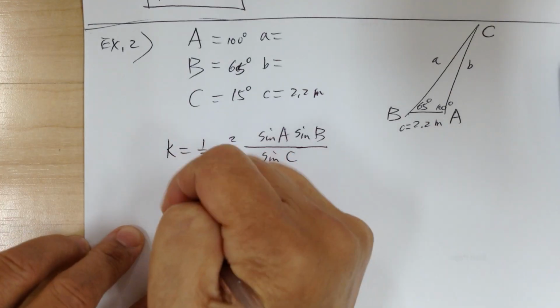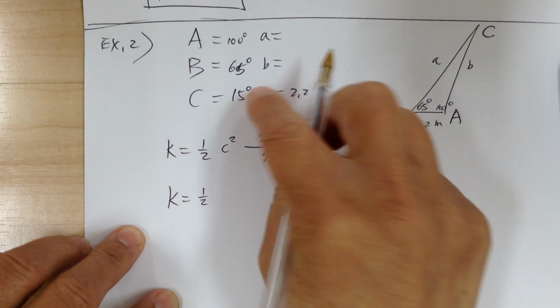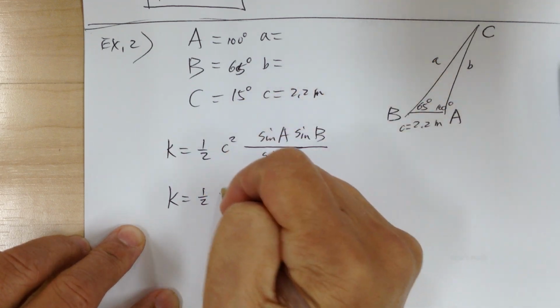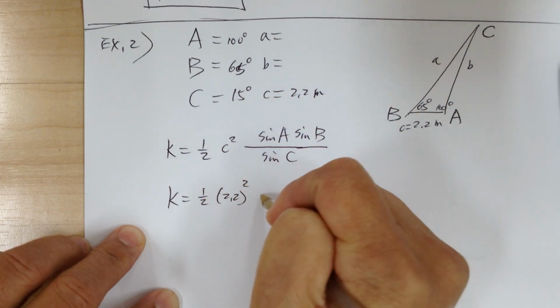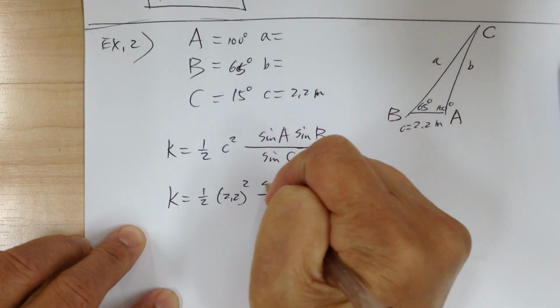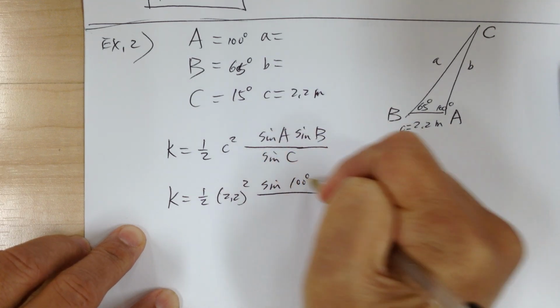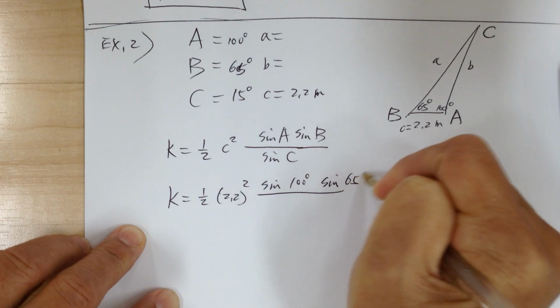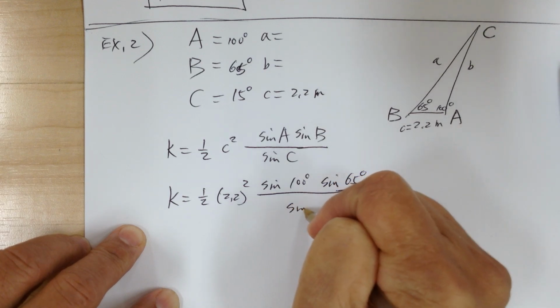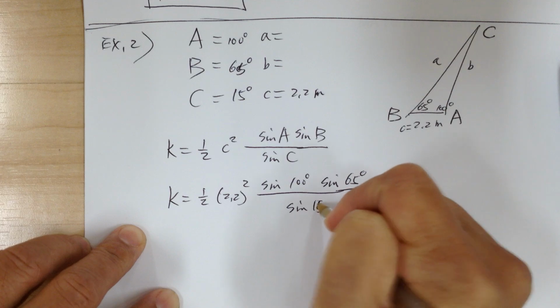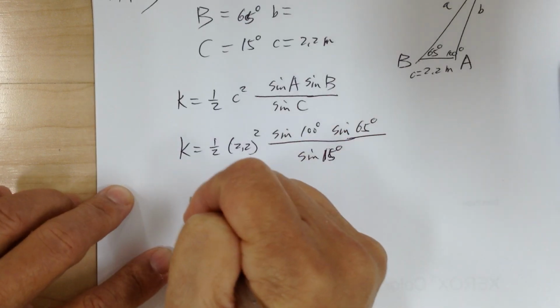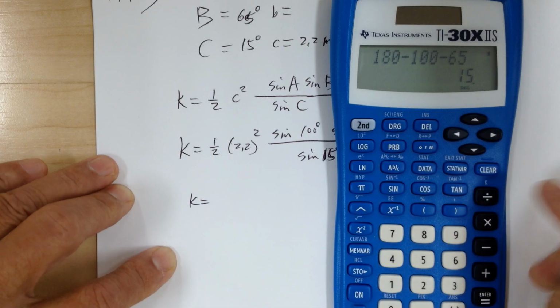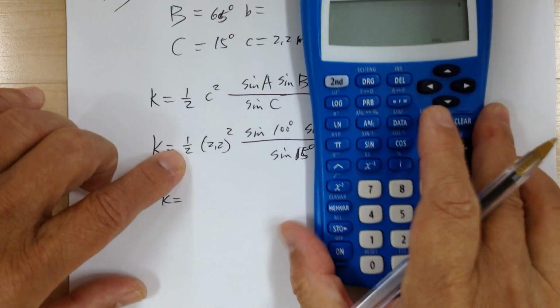So we can substitute. So K equal to 1/2, C, small c is 2.2 squared times by sine of 100 degrees, sine of 65 degrees over sine of 15 degrees. So get your calculator, punch everything in, typing exactly what you see over here.